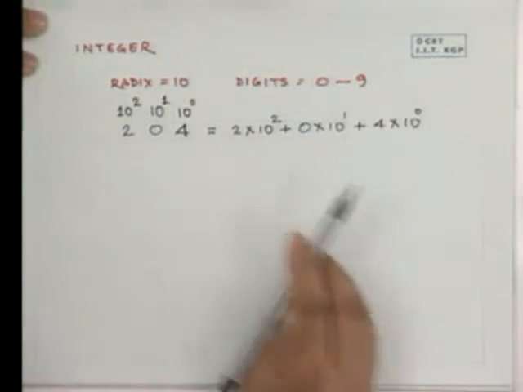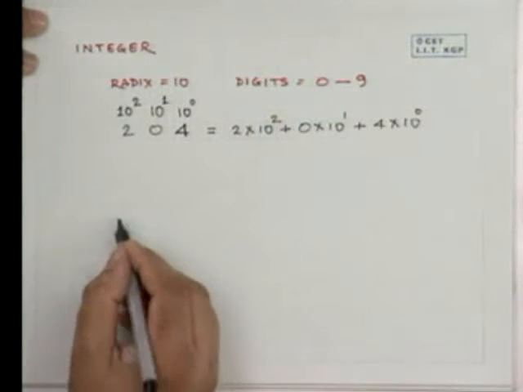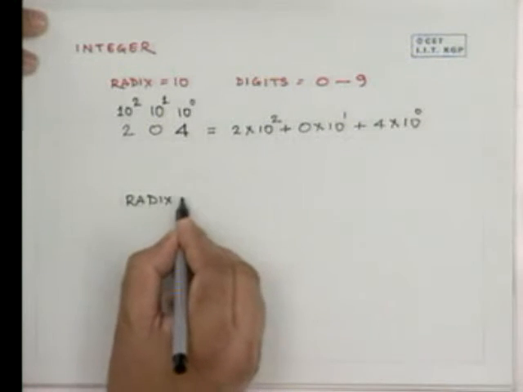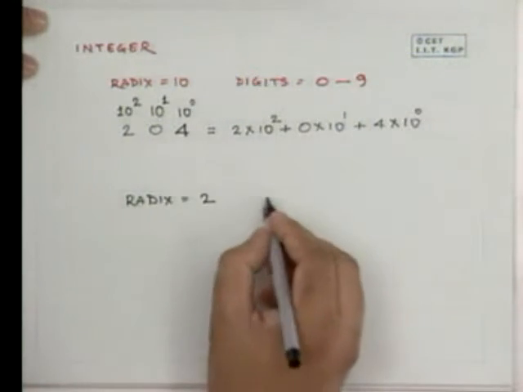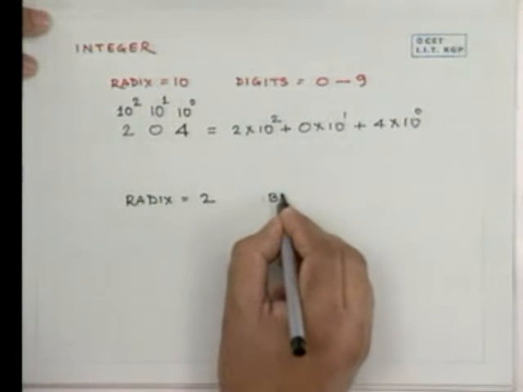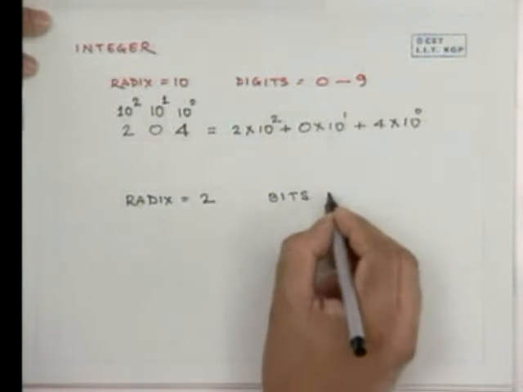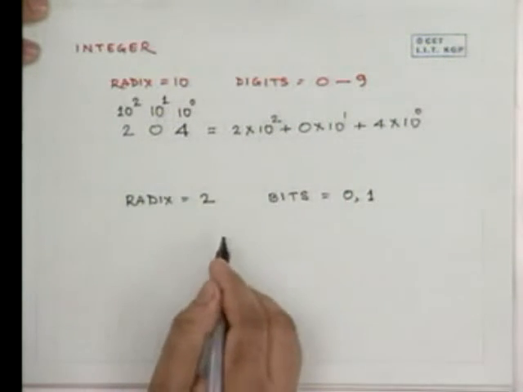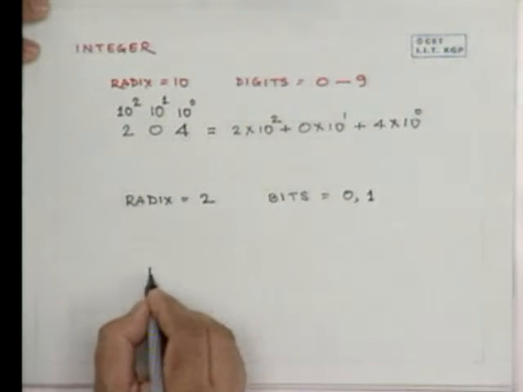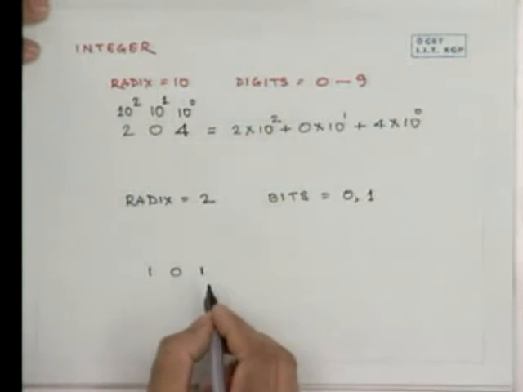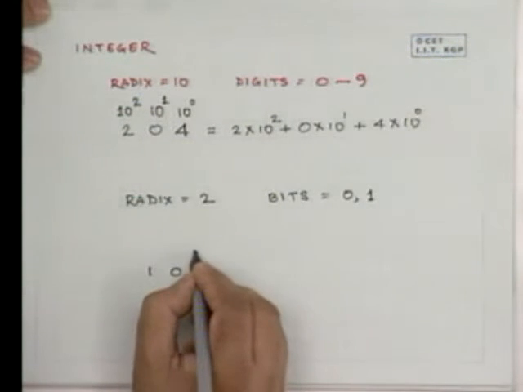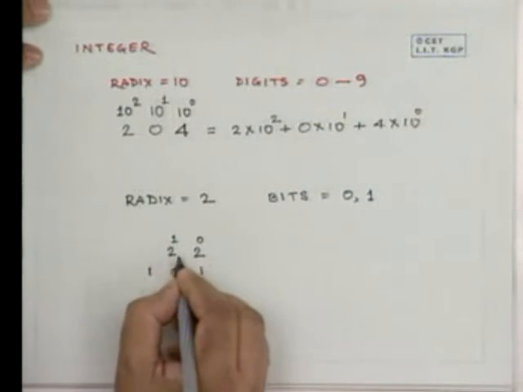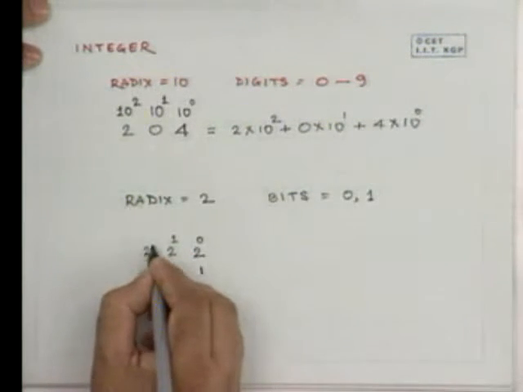Now, in the case of a binary number system, the radix that we use is 2. Therefore, the digits, which we call bits, are 0 and 1. This is also a positional number system, which means that if we say there is a number 101, then the first position has a weight of 2 to the power 0, the second has a weight of 2 to the power 1, and the third has a weight of 2 to the power 2.